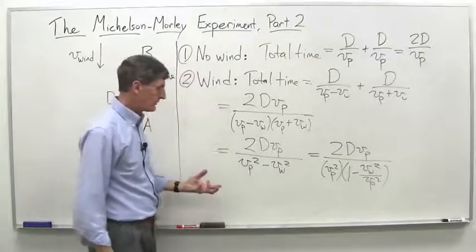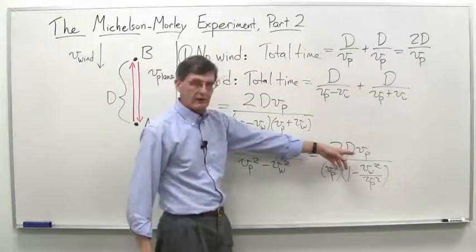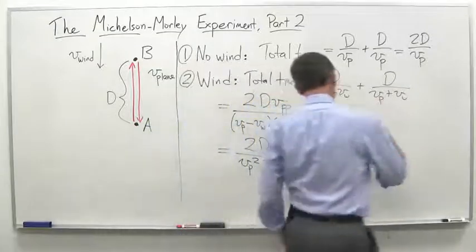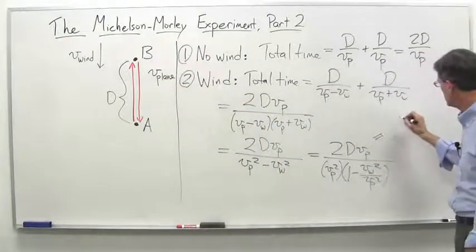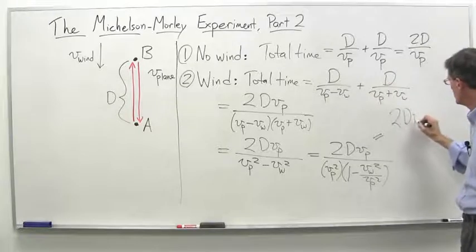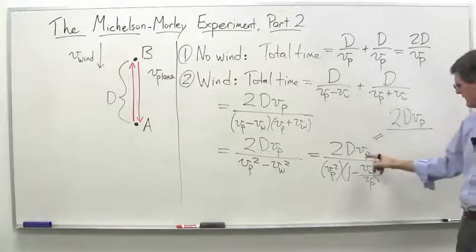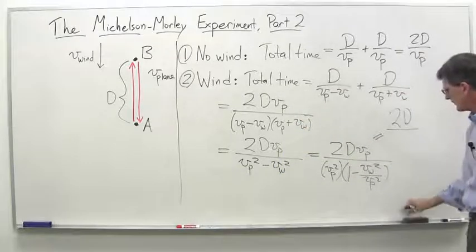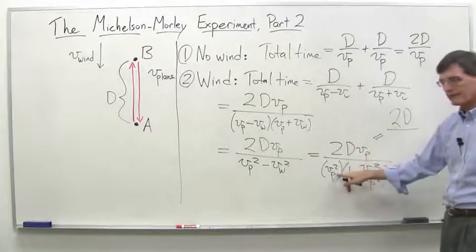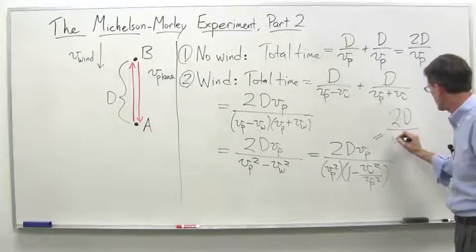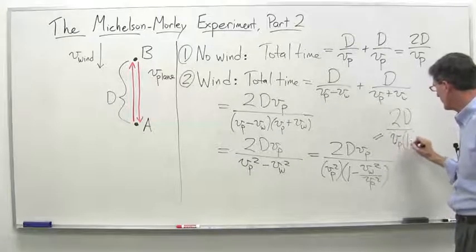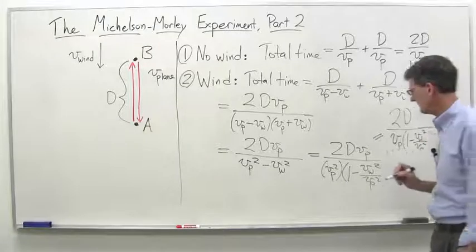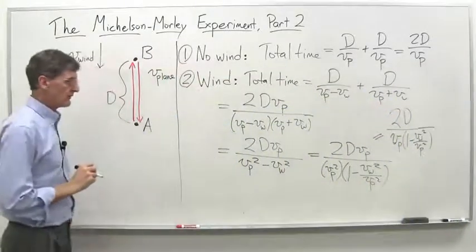And the reason I did that is now I can cancel this Vp on the top. I've got a Vp on the top, I've got a Vp squared on the bottom, and so this thing then equals, we'll write it up here, 2d Vp, oops, sorry, not the Vp, that's what we're trying to get rid of, 2d on the top, that's what I've got left on top. On the bottom, I've left one Vp here, so I've got a Vp, and then the 1 minus Vw squared over Vp squared. And we'll rewrite this in just a second here, but let's see what we've got there.